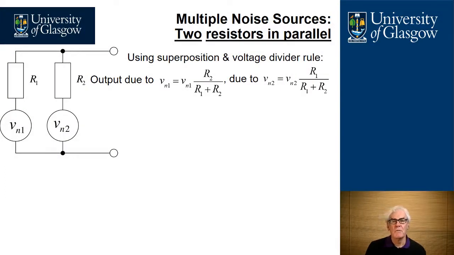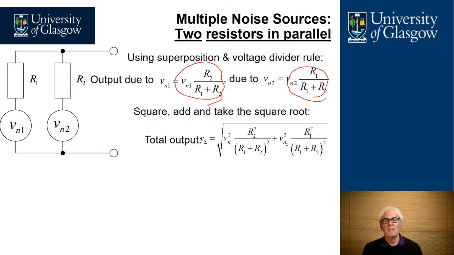And here we have to use superposition and also the voltage divider rule. If we make Vn2 equal to 0 and Vn1 is only existing, then the output is equal to Vn1 times the resistor of R2 divided by R1 plus R2. If we then make Vn1 equal to 0 and calculate out the effect of Vn2, we get this one here.